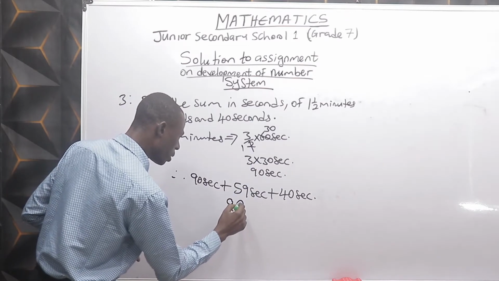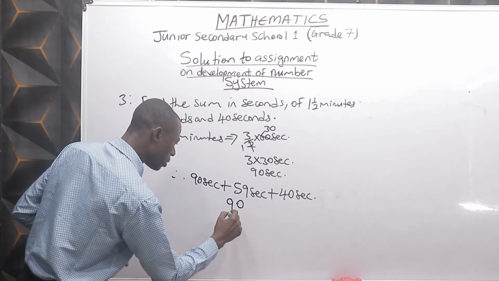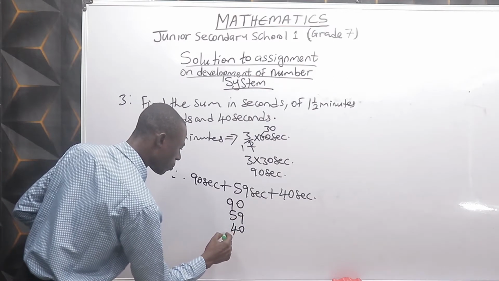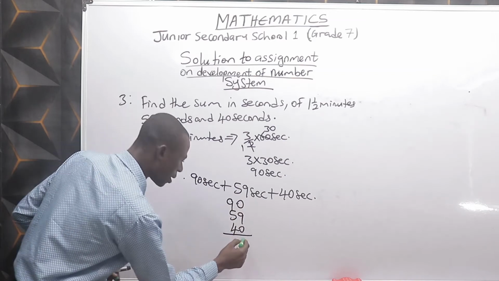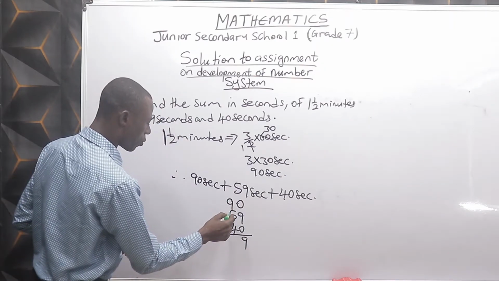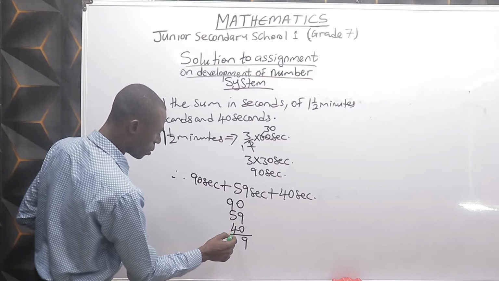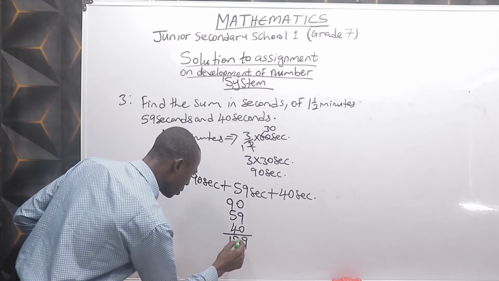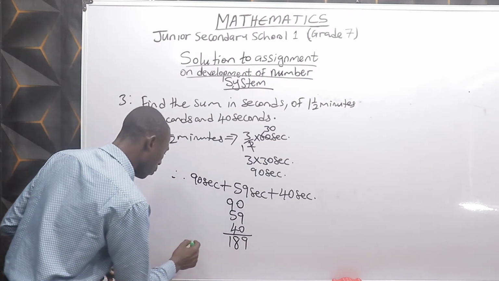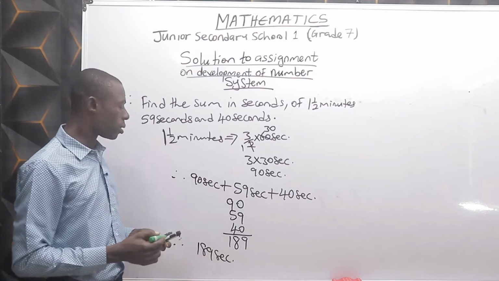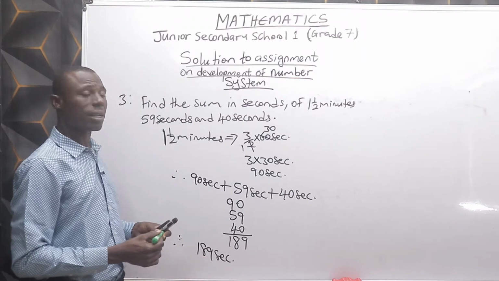Let me do it like this so you understand. 40, this is 9. 9 plus 5 plus 4, that is 18. Therefore, the sum is 189 seconds. That's the sum.